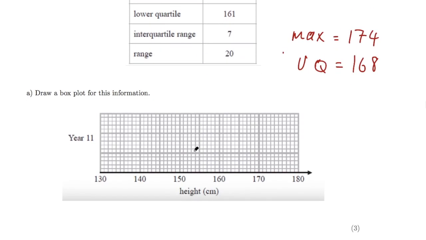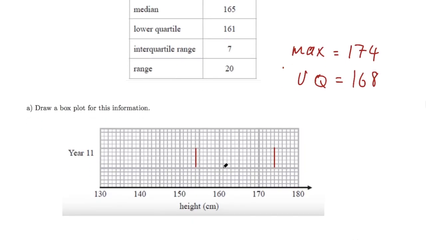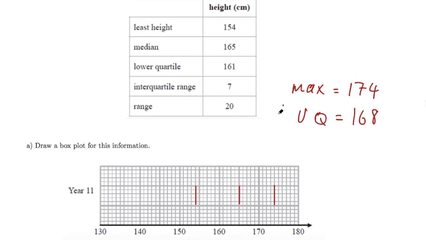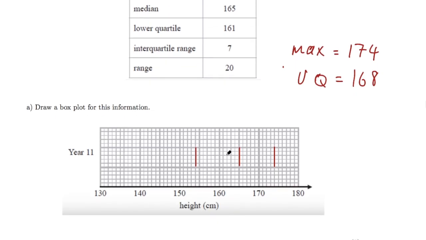So we can start at 154. Each of these is 1, I believe. Yes. 1, 2, 3, 4. Go ahead and plot that. And then the max is 174. Okay, the median is 165. The lower quartile 161.